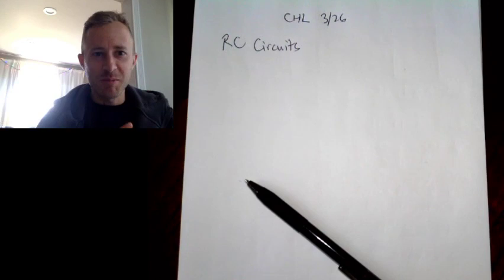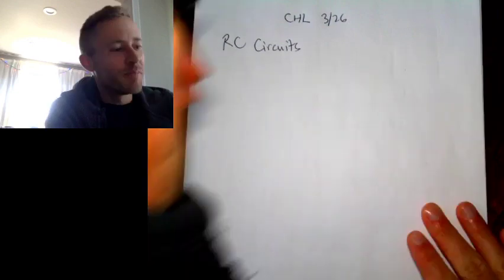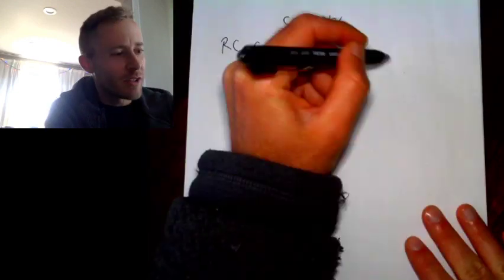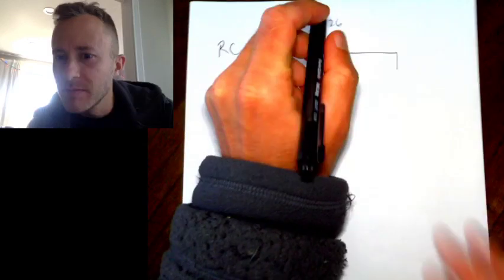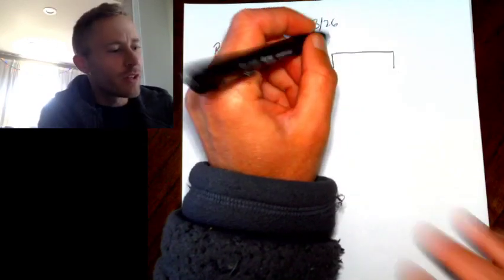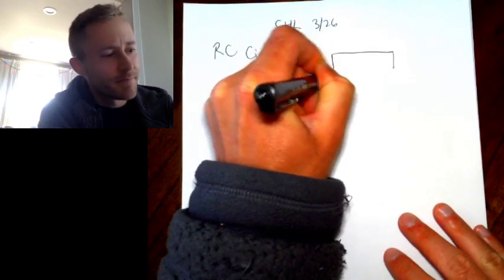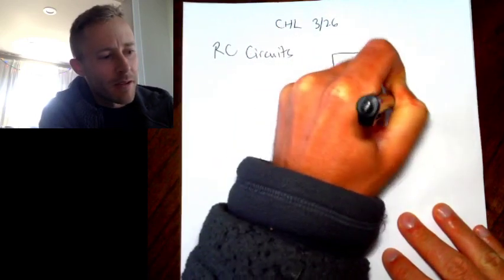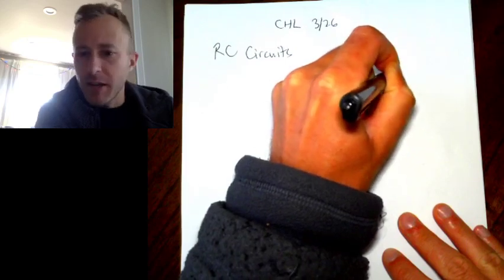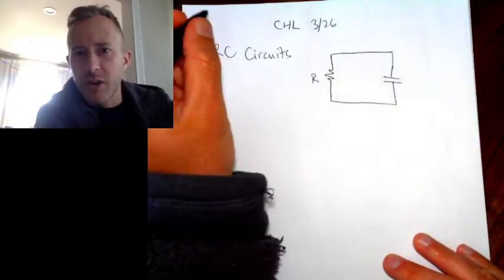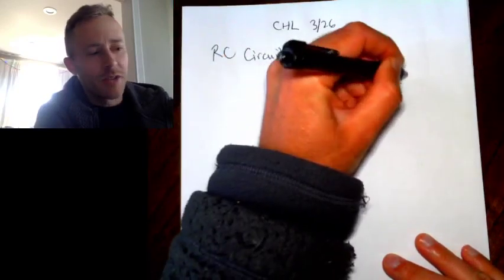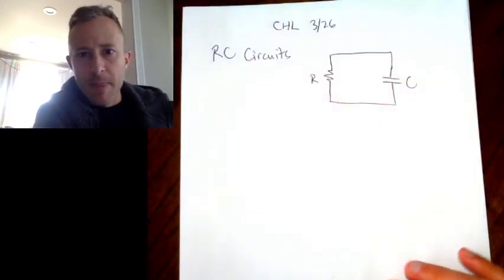Maybe I'll get through this lesson. All right, so an RC circuit, I'm just going to try to blast through this. An RC circuit has a resistor and a capacitor. Let's say that the resistor has resistance R and the capacitor has capacitance C.